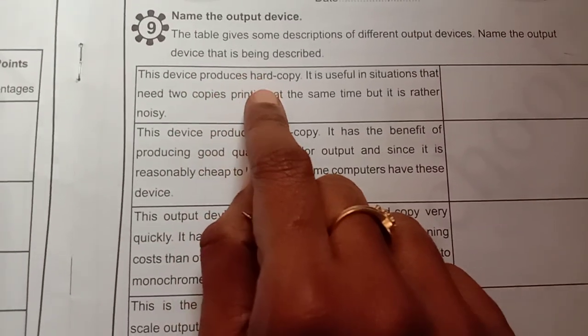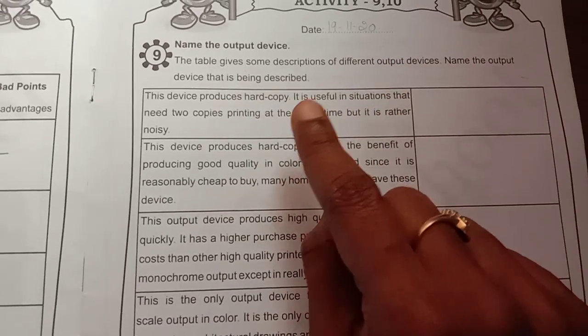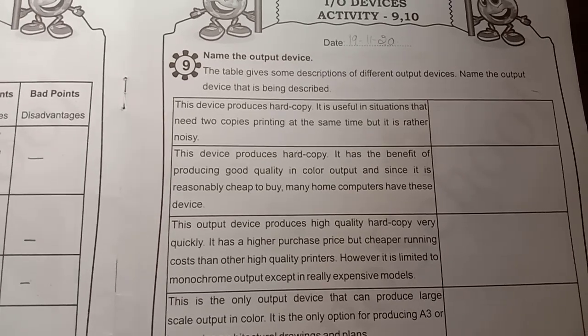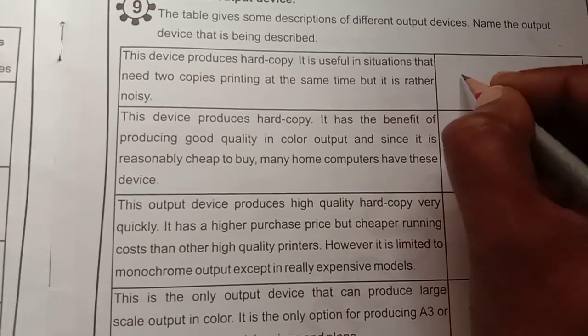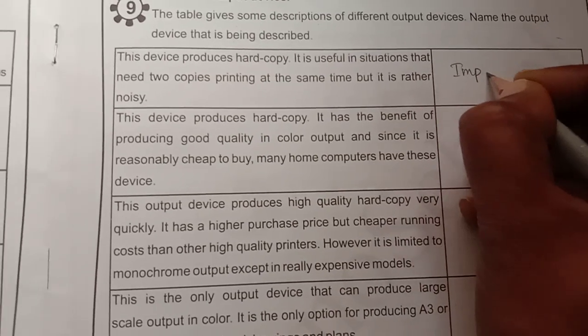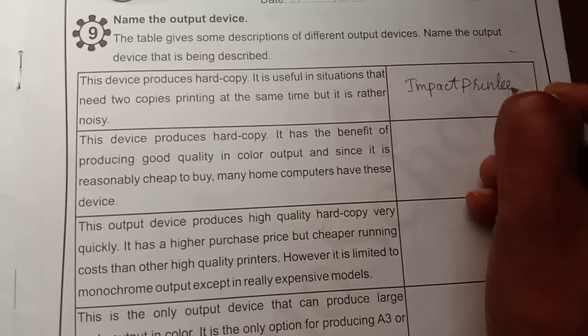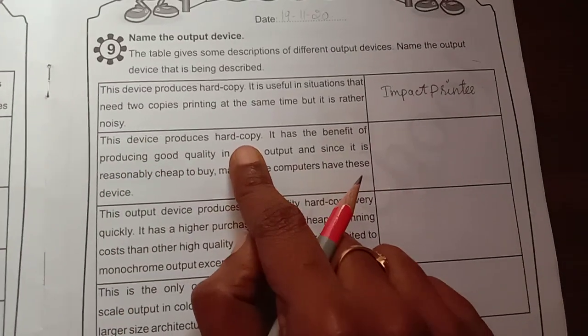Which device produces hard copy? It is useful in situations that need two copies printing at the same time, but it is rather noisy. So first is an impact printer, children. Next, this device produces a hard copy.